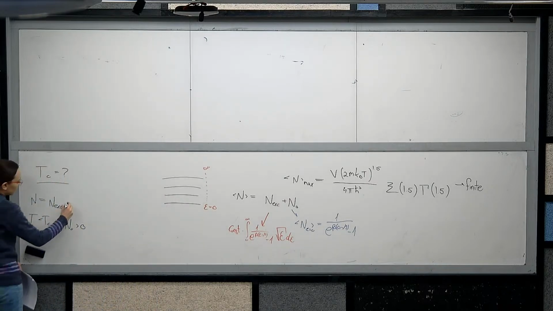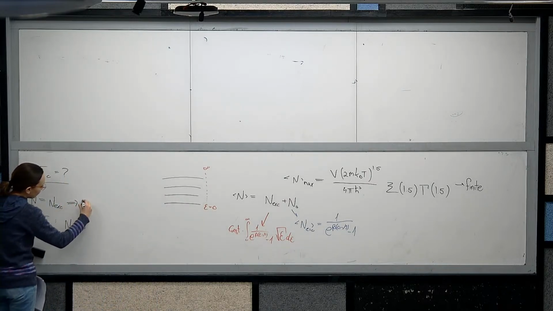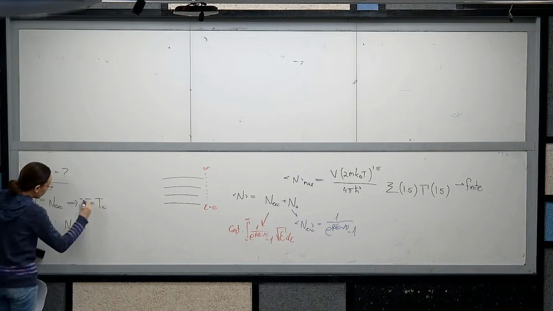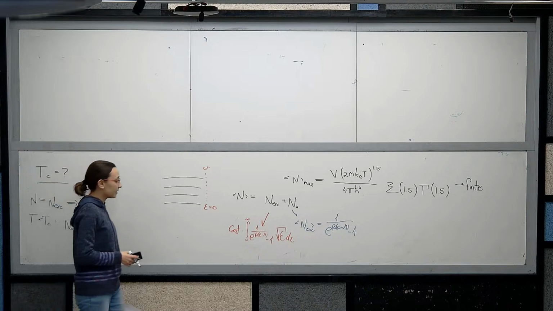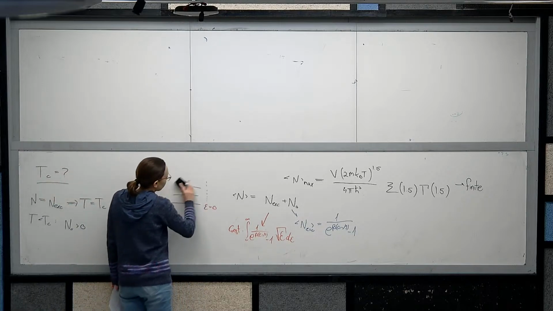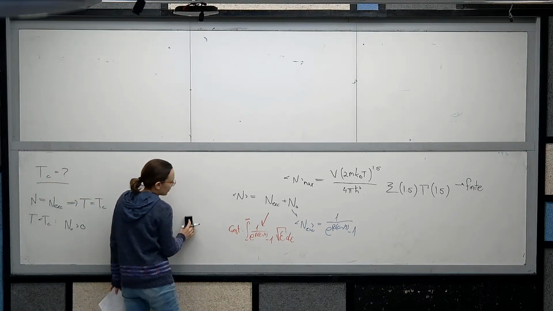Okay, so this will get us the critical temperature. Let's just take our total number of particles in the system, say it equals the excited number of particles in the system, and see what temperature will give us this.